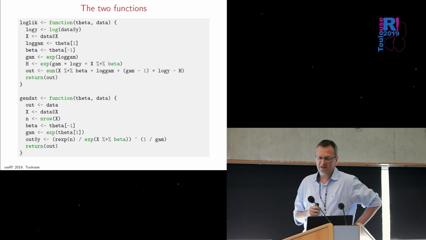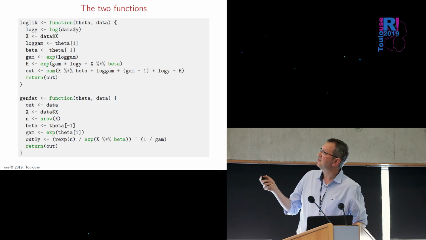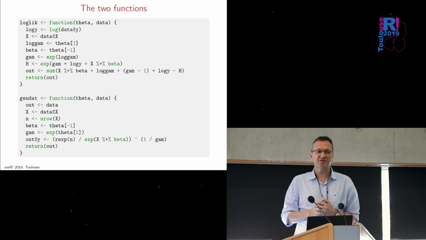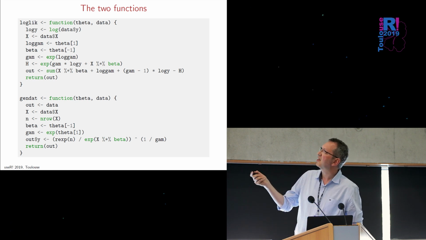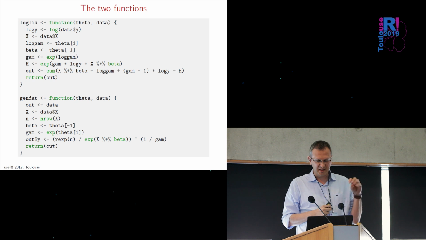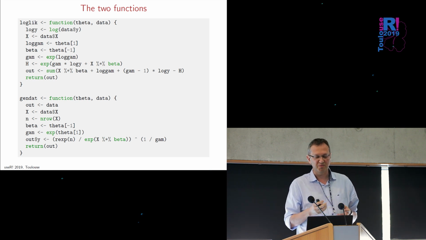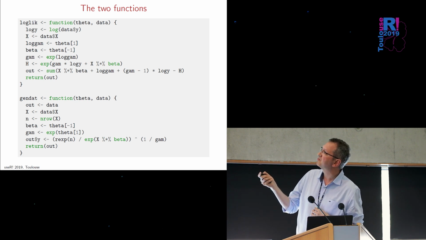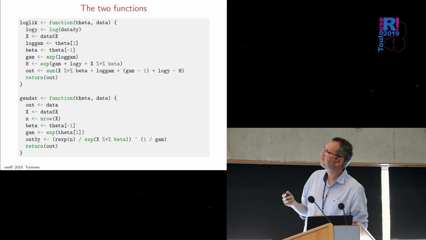First of all, we have to define two functions, as I said before. The first is the function for the log likelihood. Theta here is a vector of parameter values, and then there is another argument required, which is called data. Data is the list that must contain all the information you need to specify the model. In this case, data has the vector of responses y plus the design matrix for the coefficients.